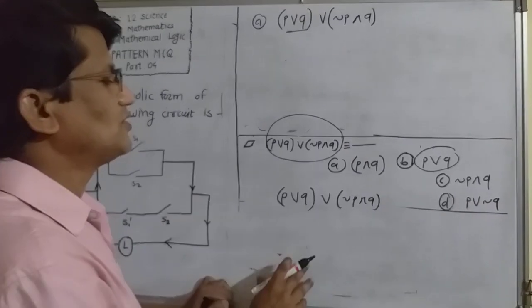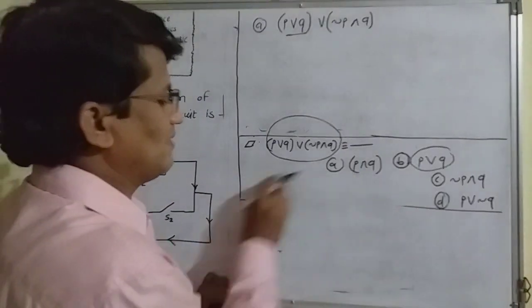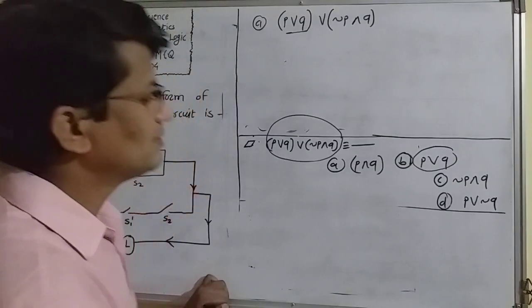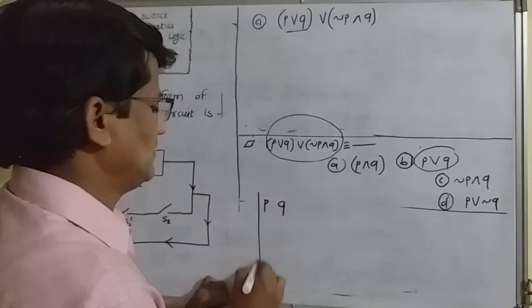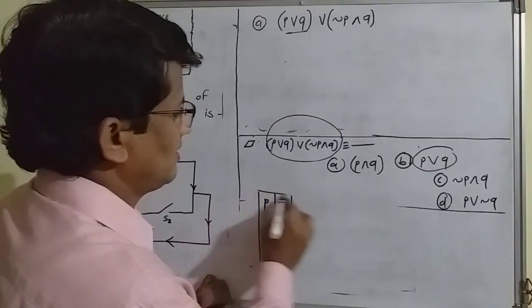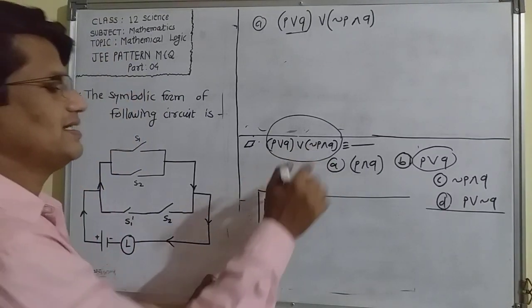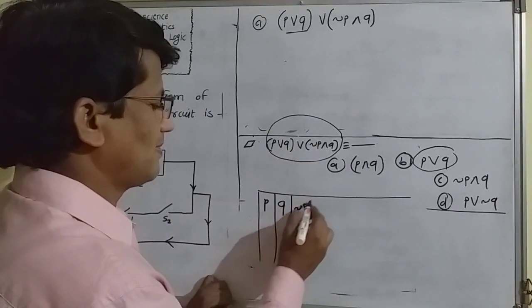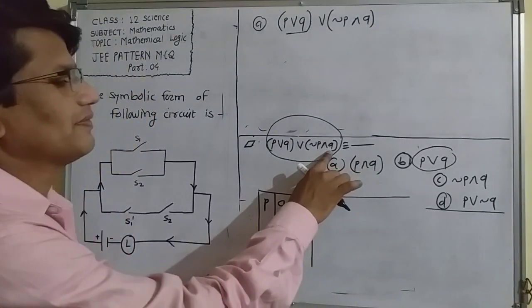Let us construct the truth table of this. Now I am constructing the truth table. First is P, after that Q. Negation P, yes, here it is negation P. Negation Q, not here.